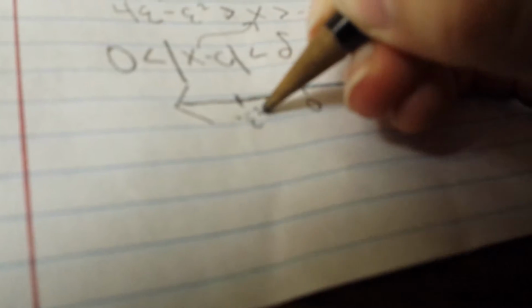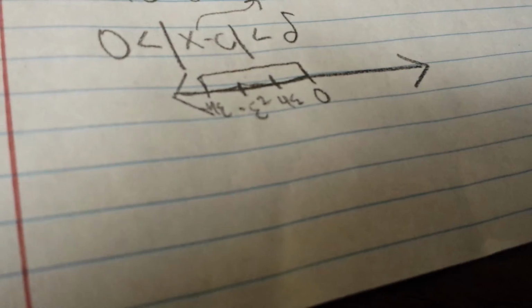So we're going to go ahead and say that this is negative epsilon squared. And then there's one that's minus 4 epsilon. And then there's one that's plus 4 epsilon. Well, as you can see, the one with the minus 4 epsilon is going to be farther from 0. And so, because that's larger, we're going to set that as our delta.